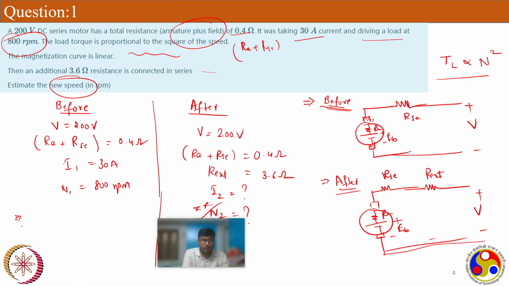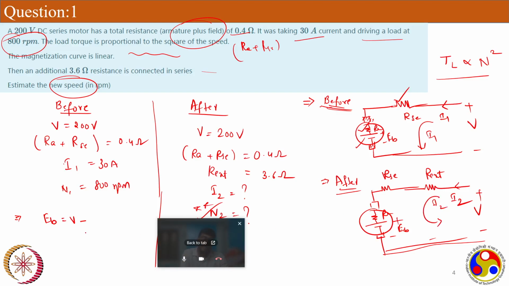Now in the before case, EB is equal to, we just wrote the equation in the previous slide, V. One more thing, the current is I1 and I2. I1 flows through RSE, RA and EB as well, so the same current I1. Here the current is I2. Now write the equation for the back EMF in the before case: V minus I1 times the total resistances, RSE plus RA.